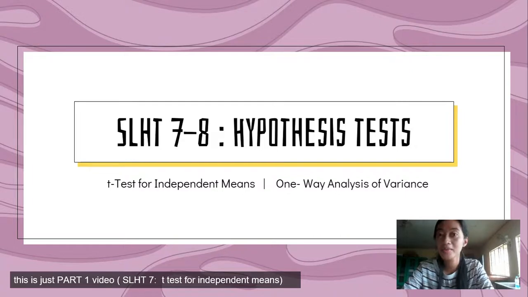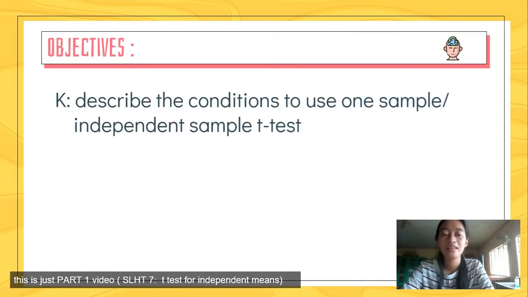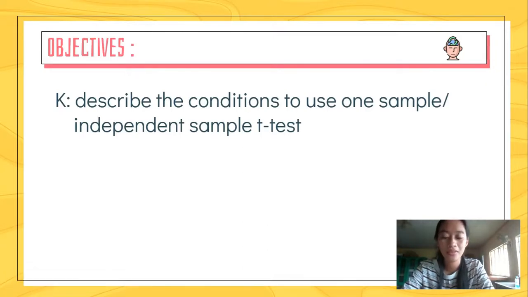Most of the readings are there, and let's just go over this. First, objectives. What are we going to learn for these two lessons? Before, we tried to learn about the concept of hypothesis testing, the different types of error, and also the different types of tests that we can possibly use in analyzing our data.